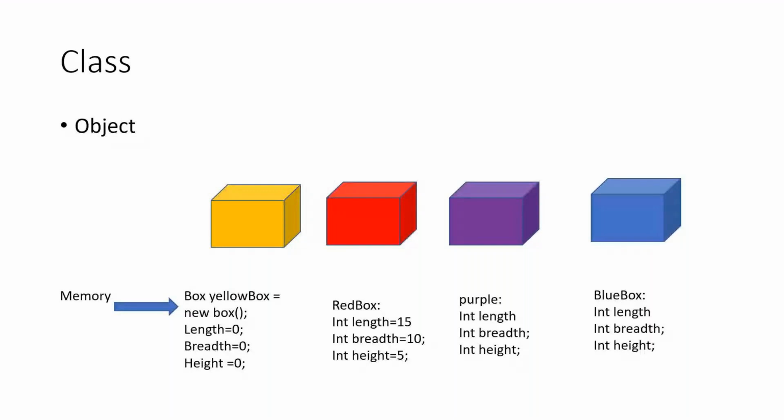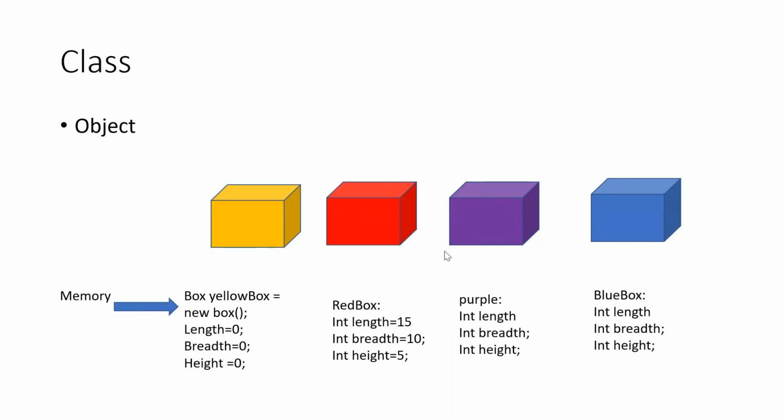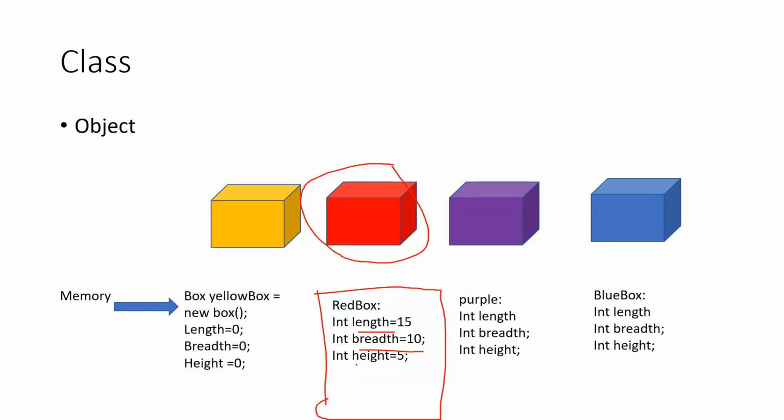I hope my slide is visible. Yes. Thank you for the confirmation, Srini. If you look at this slide, whenever I created this red box object, I told that in memory there will be a space created, and inside the space I'll be having length, breadth, and height.